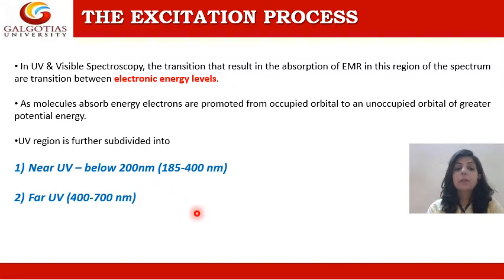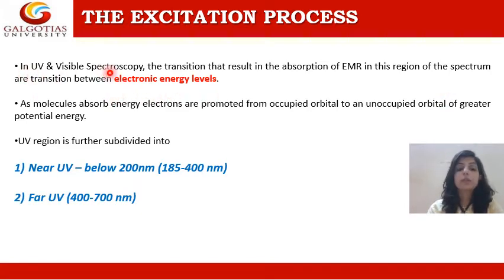Now we'll discuss the excitation process, that is, how the excitation of electrons from the ground state to the excited state occurs. In UV and visible spectroscopy, the transitions that result in the absorption of electromagnetic radiation in this region of the spectrum are transitions between electronic energy levels.